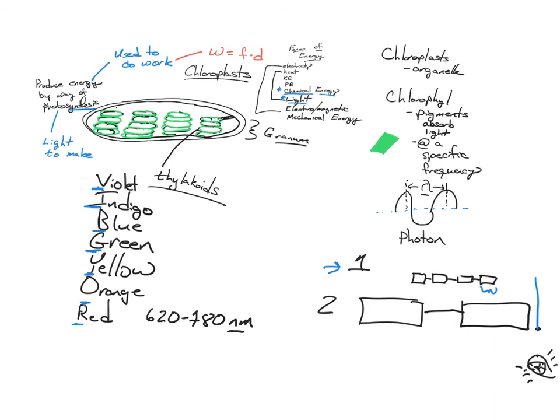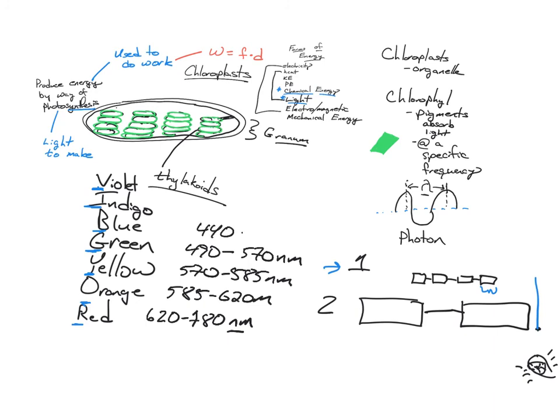Orange is smaller than that, 585 to 620 nanometers. Yellow is 570 to 585 nanometers. And green is 490 to 570 nanometers. And blue is 440 to 490 nanometers.